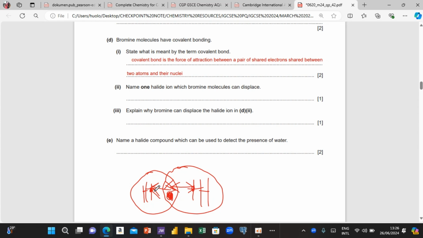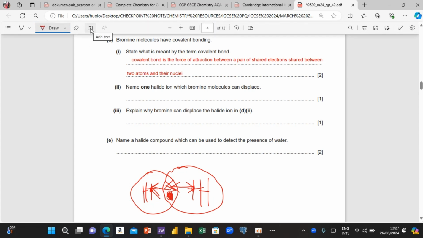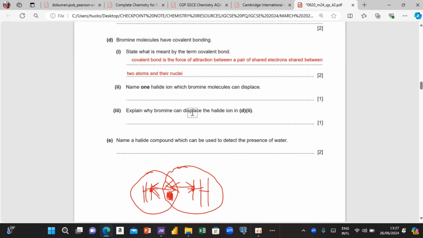Anyone lower in the group than bromine will be less reactive than bromine. So bromine, being more reactive, will say, get away from where you are sitting and I'll take your place because I'm your older brother. We are going to list them out, but you just have to pick one.